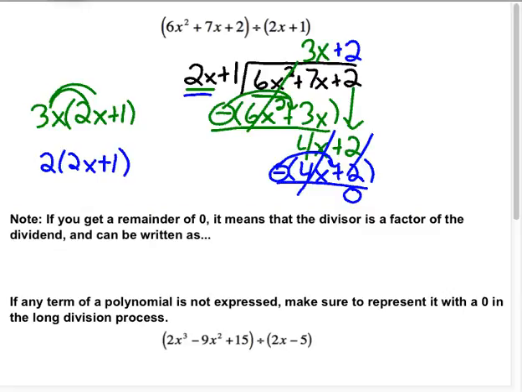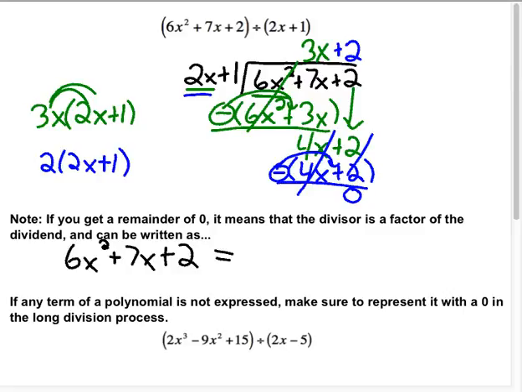When you get a remainder of 0, it means that the divisor is a factor of the dividend. So basically that's just a fancy way of saying that for 6x squared plus 7x plus 2, this actually factored it for you.